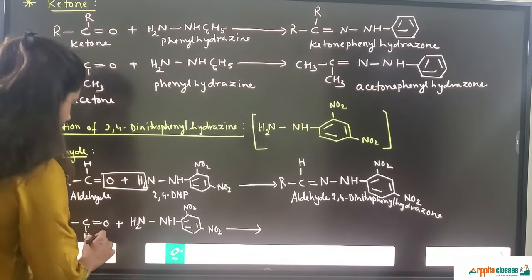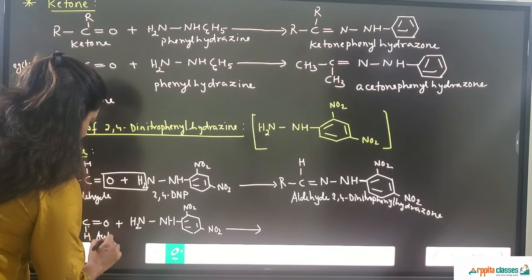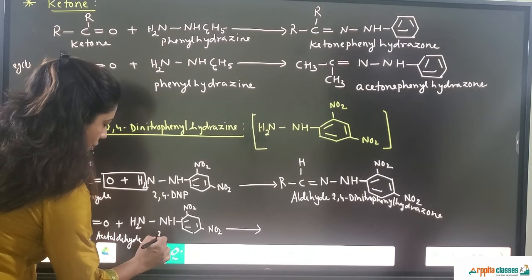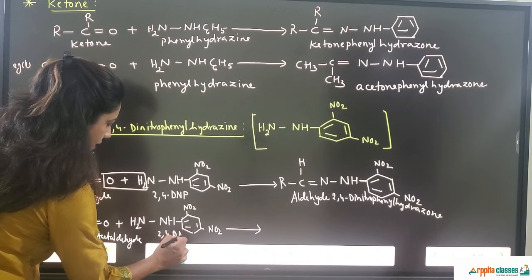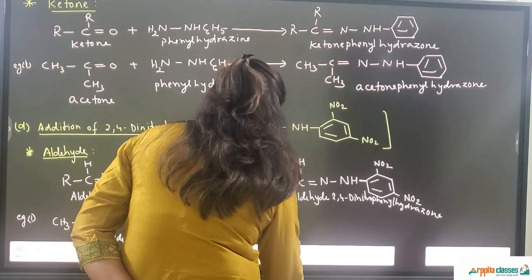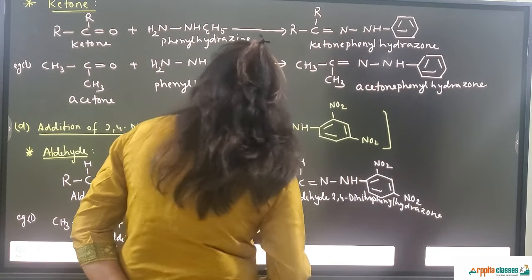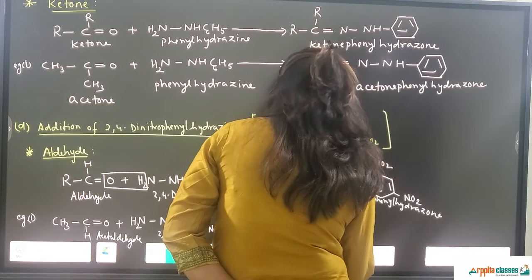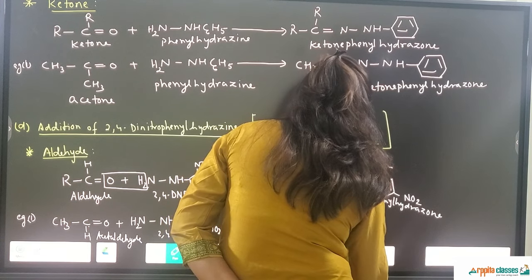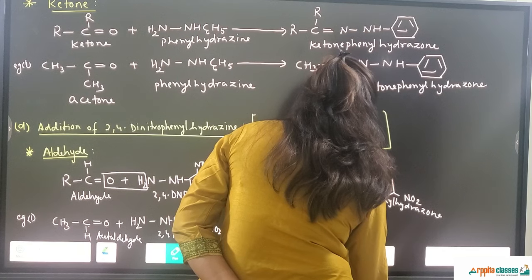Let's see this example. This is acetaldehyde. This is 2,4-DNP. Draw the product: CH3CH, double bond N, then NH, and then there is a phenyl group.